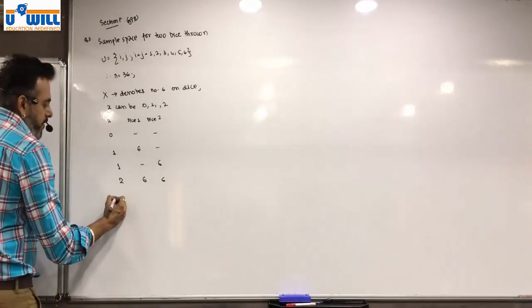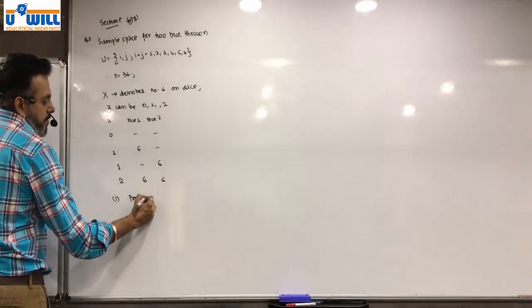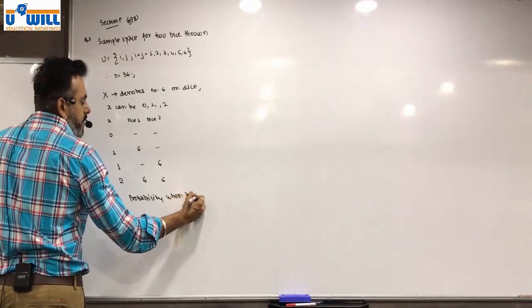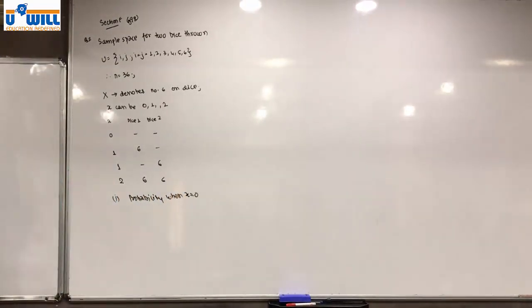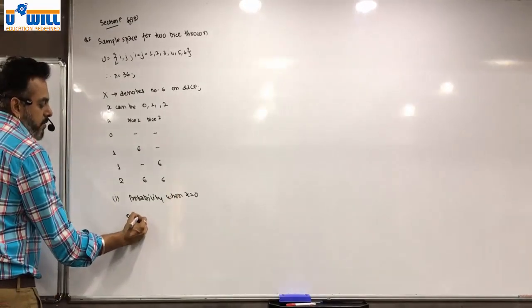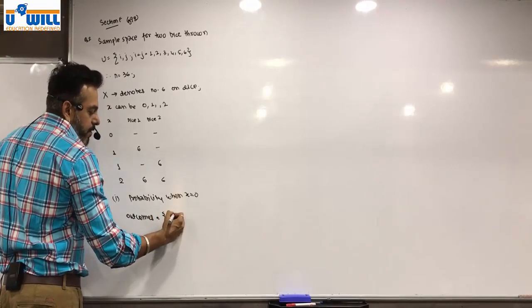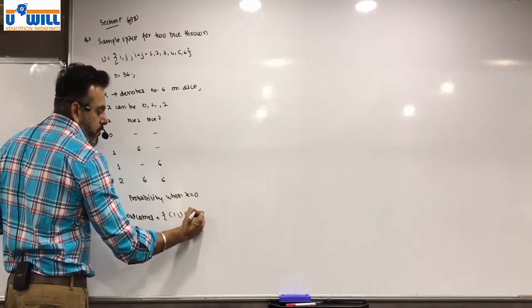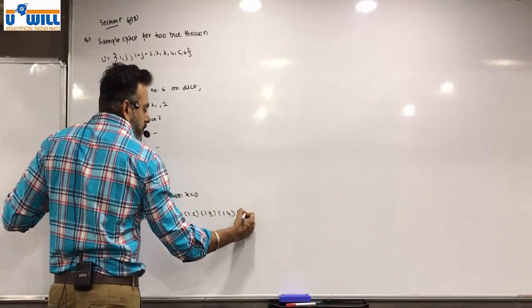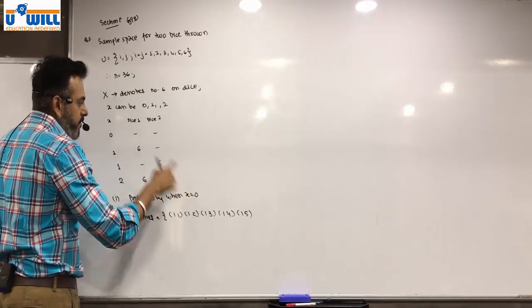Now, let's start with first, probability when x is equal to 0. What are the outcomes possible? Outcomes is equal to, see, it can be (1,1), (1,2), (1,3), (1,4), (1,5). Can it be (1,6)? No, because x is 0.